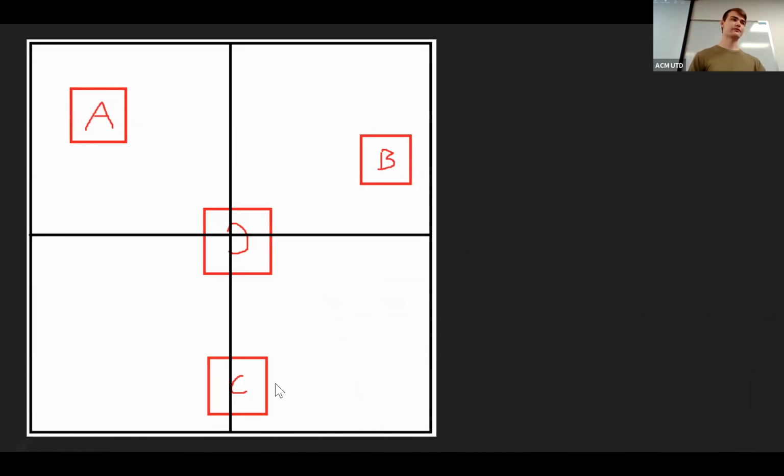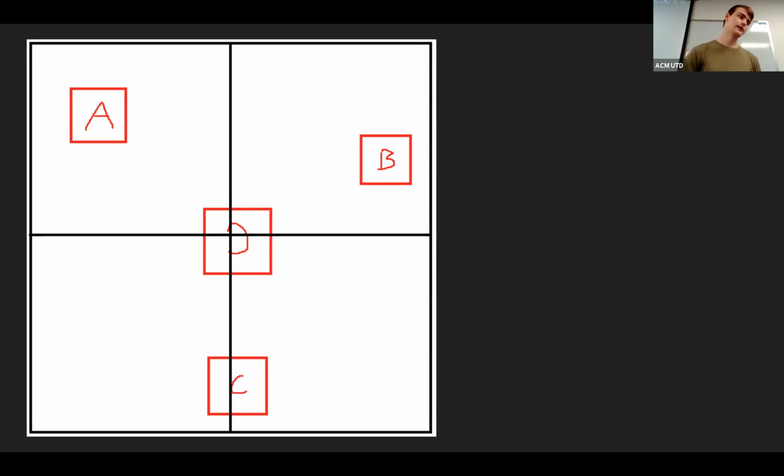Well, if A is moving fast enough to the bottom right that it will actually intersect with D on this frame, it's just going to pass right through it, because D is in the bottom right quadrant, A is in the top left quadrant, and even though there is potential for intersection based on A's velocity, it won't be checked against D because D is not in the same group.